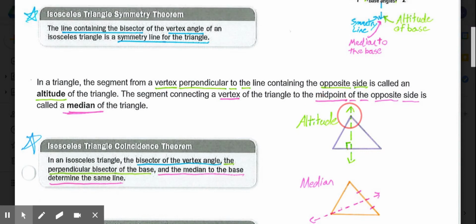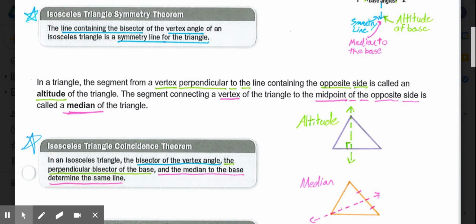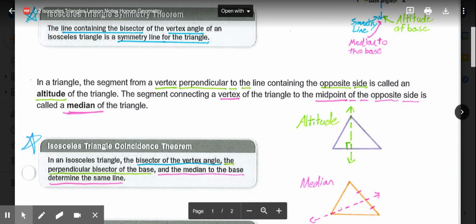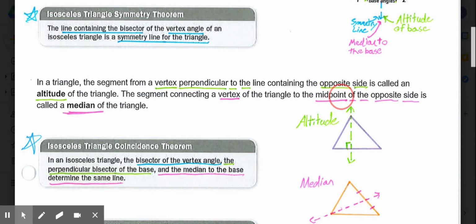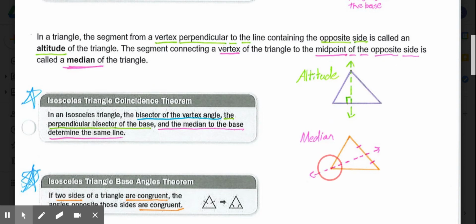An altitude is from any vertex and it's perpendicular to the opposite side. The median is the segment connecting a vertex of the triangle and the midpoint of the opposite side. So a median goes from the vertex to the midpoint of an opposite side.